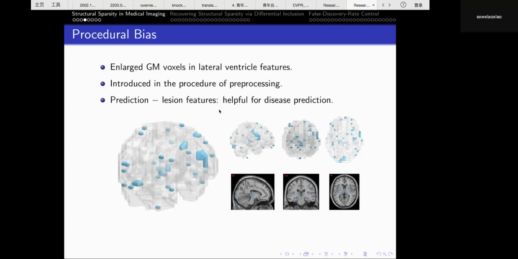They are helpful for the disease prediction, but do not belong to the lesion features. As shown, they are located around the ventricular and also the space of the gyrus and other regions.